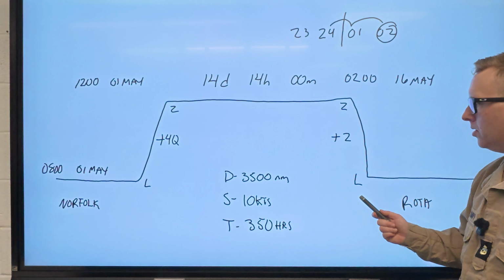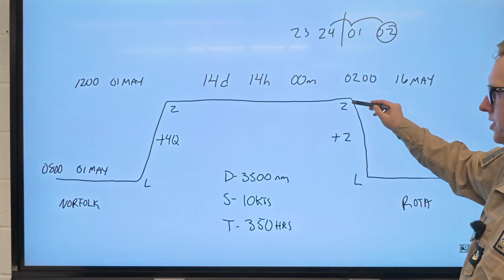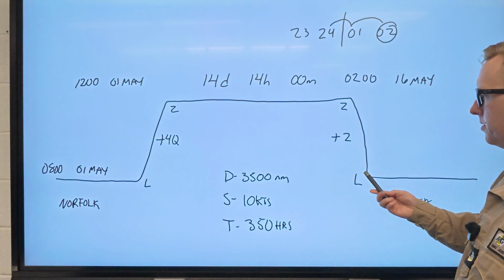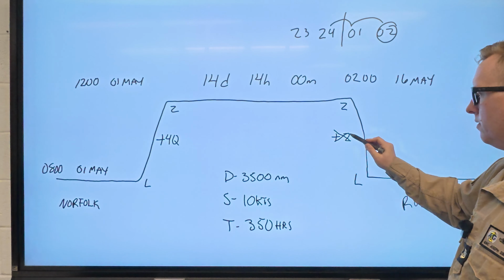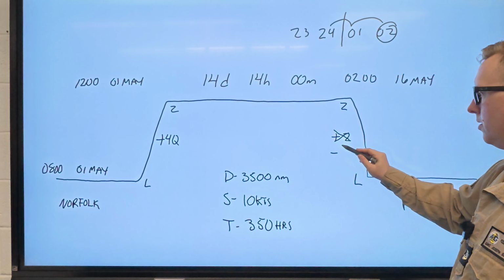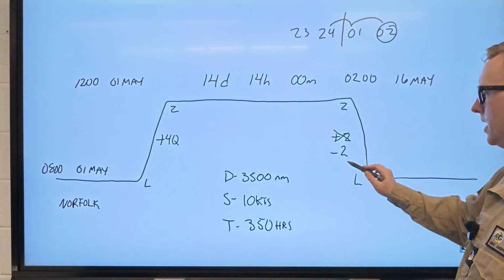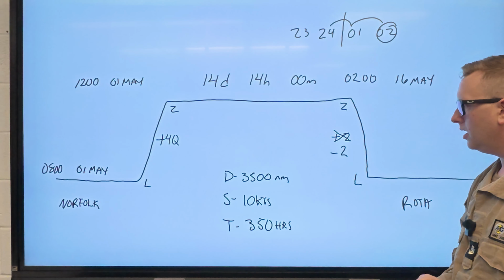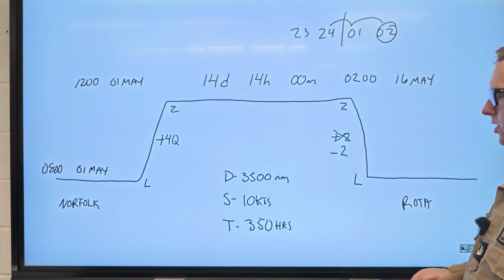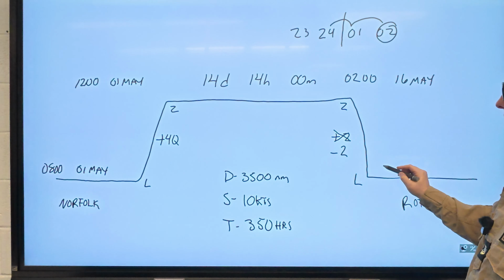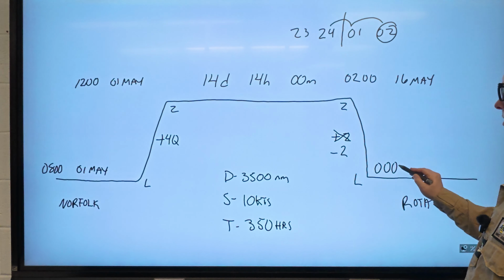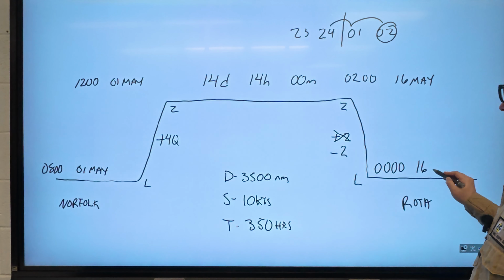To convert it back to local, remember Z to L, reverse the spell. All we're going to do is take this +2, reverse the spell to -2. All we're going to do is subtract 2 hours. So 0200 minus 2 hours, that is midnight on the 16th of May.